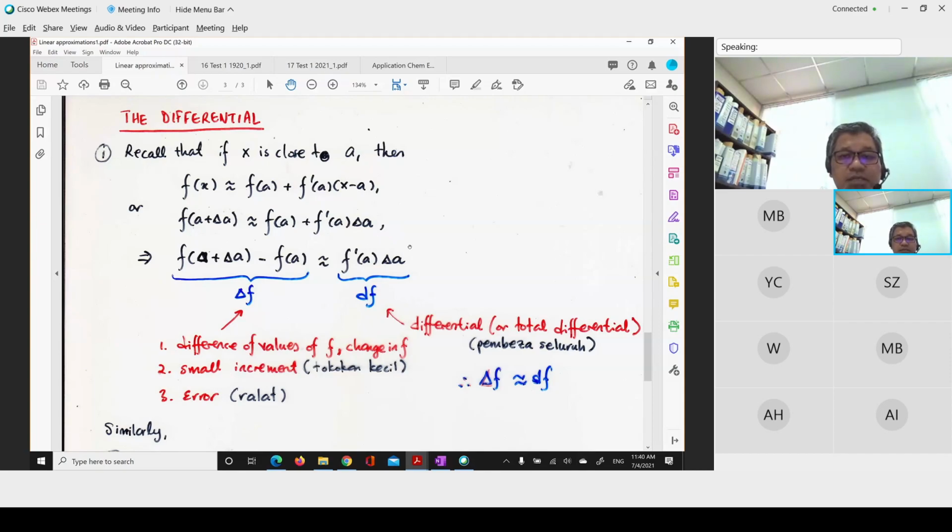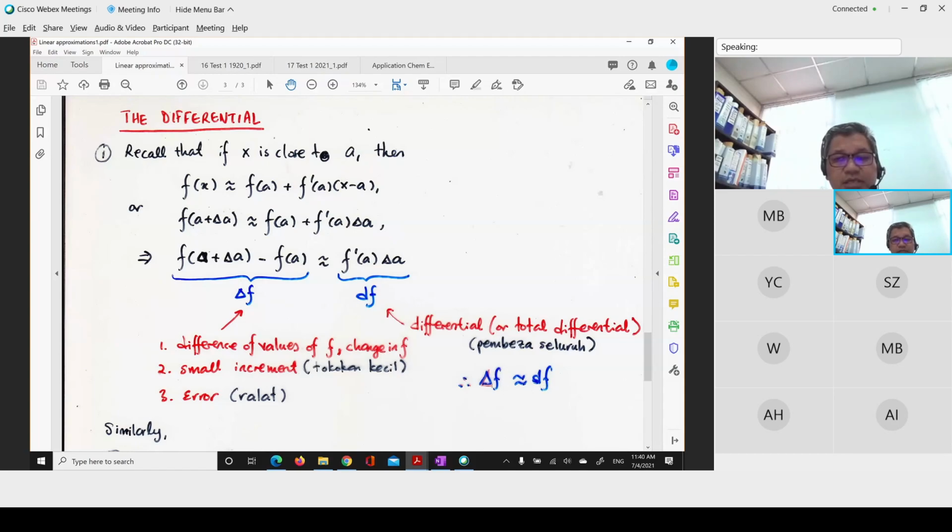The expression on the right is F prime A delta A, denoted as dF. It is called the differential or total differential. So this means that delta F is approximately equal to dF.